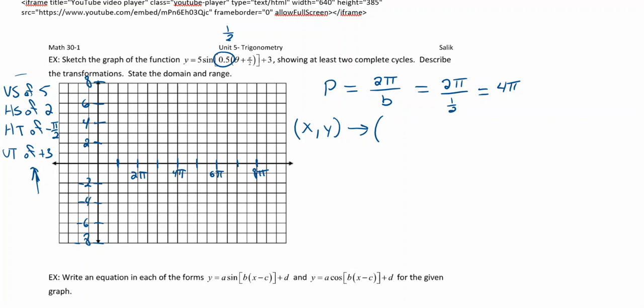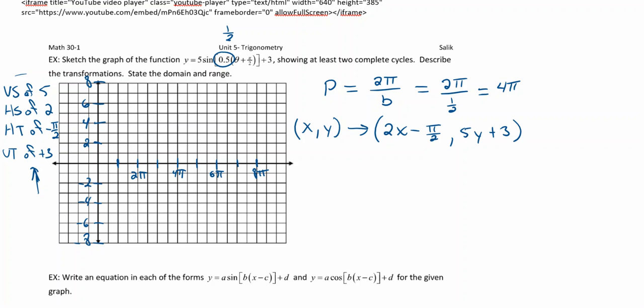So this will be horizontal stretch of 2, so it's going to be 2x, and then a horizontal translation of negative pi over 2, so that'll be minus pi over 2 for every one of those. And then our y values are going to be affected by the vertical stretch of 5 and vertical translation of 3, so that's going to be 5y plus 3. And there we go. That's our key for the question.